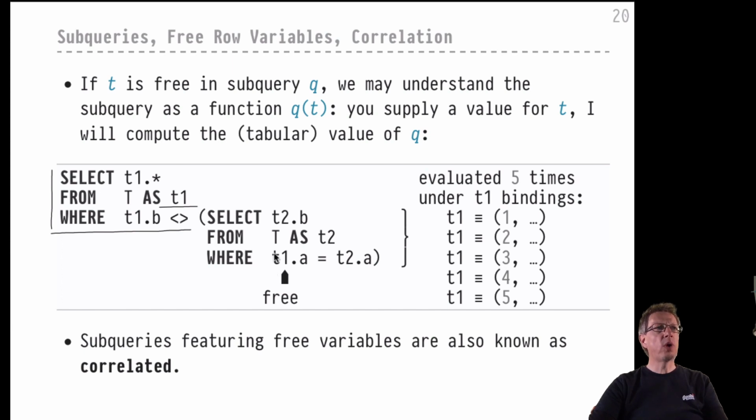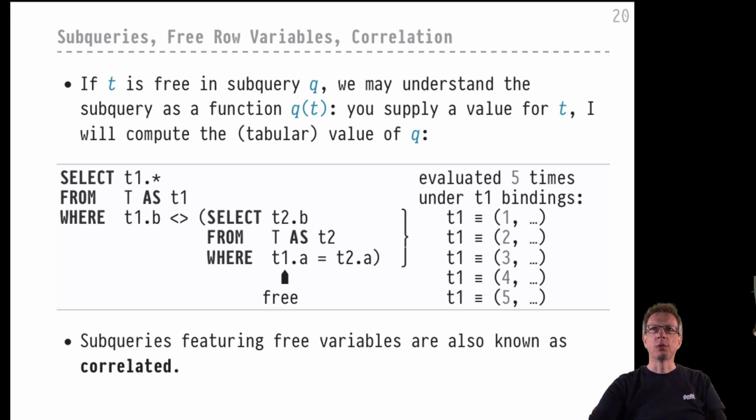We need a T1 binding from the outside to make this a complete and valid query that we can then evaluate. So that's correlation, the mentioning of row variables that have been bound outside the subquery. Visibility is no problem. Bindings are propagated from the outside to the inside, so this binding should work just fine.